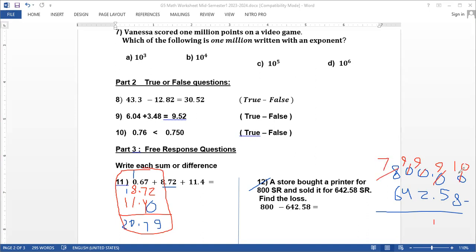Now we start subtraction from the right. 10 minus 8, 2. 9 minus 5, 4. 9 minus 2, 7. 9 minus 4, 5. 7 minus 6, 1. So the answer is 157.42. He asked me for the loss. Find the loss in subtraction.